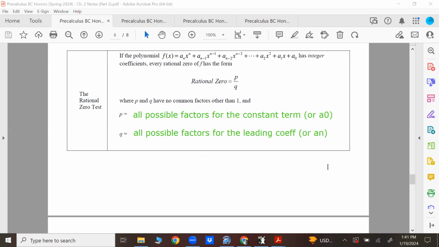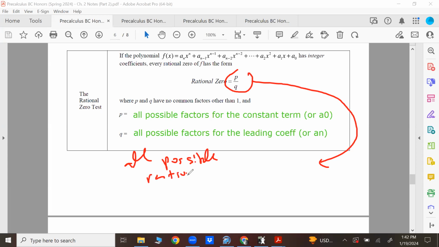Sorry, I can't do subscripts with the Zoom here. So when you do P over Q, that's going to represent all possible rational zeros.